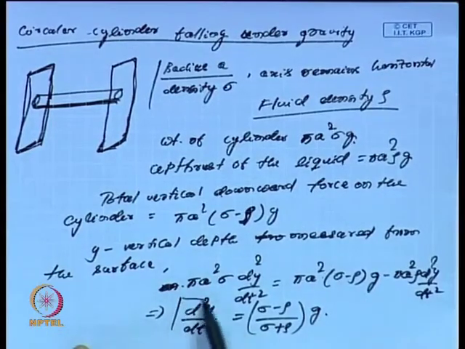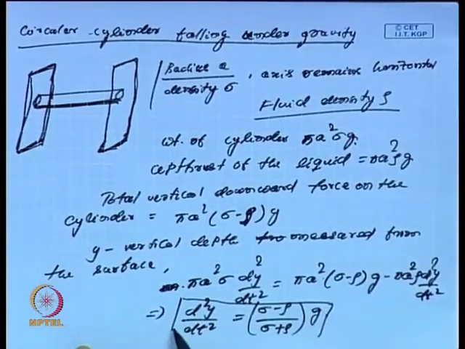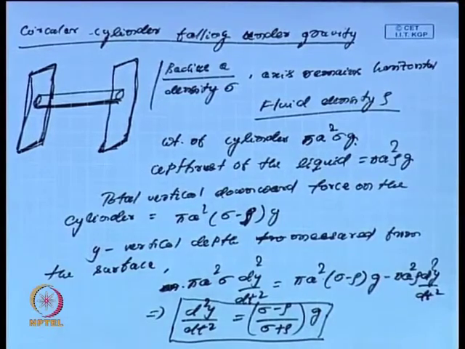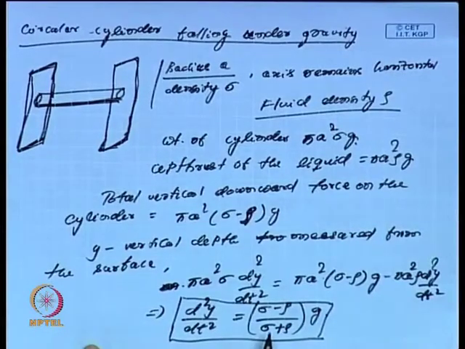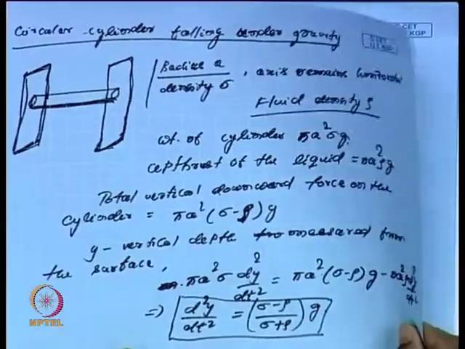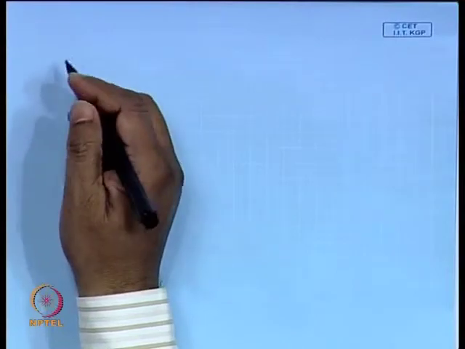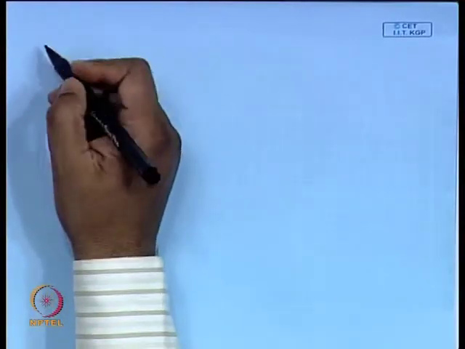This is the equation of the cylinder, and the cylinder is falling under the action of gravity. Here we have seen from this equation that the cylinder depends on this. If y is large enough, what will happen?